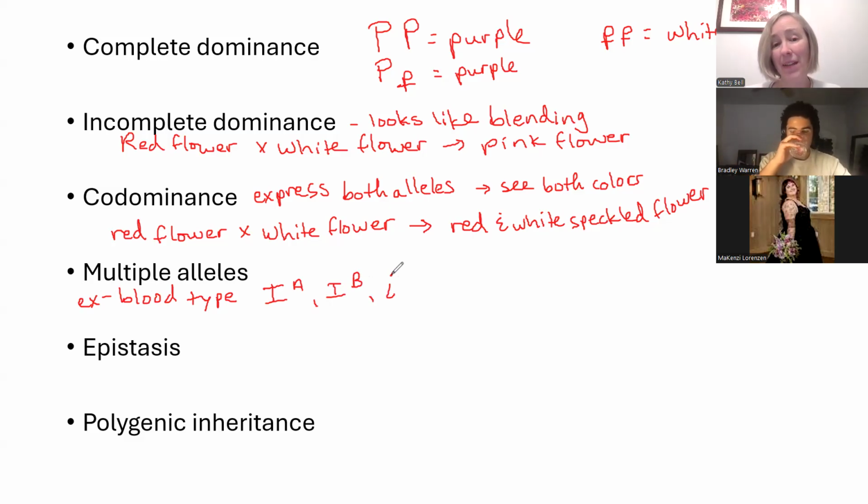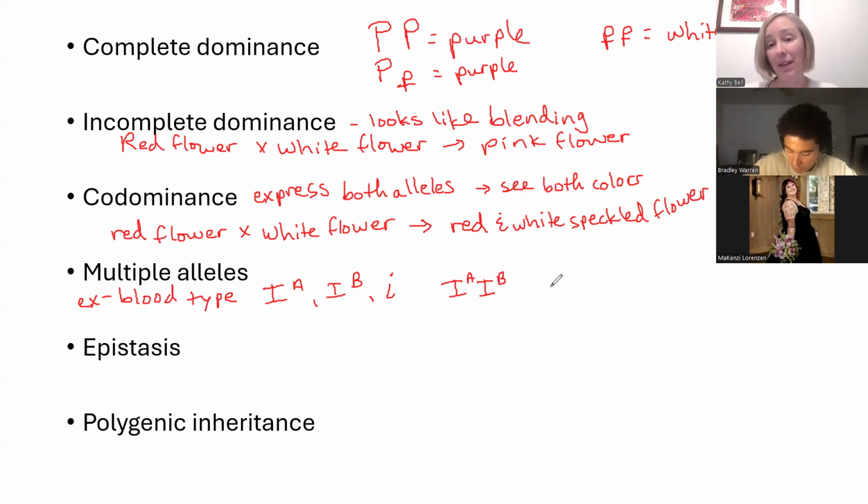Okay, so for blood type, there's actually three alleles in the population, but you yourself only have two of them, because you only have two copies of each gene. So if your blood type is type AB, you would have this genotype.